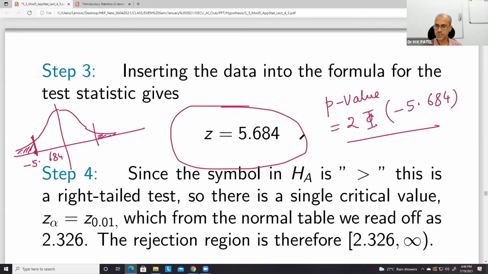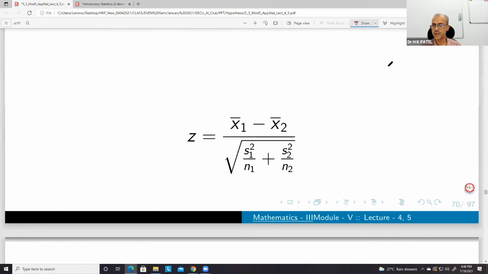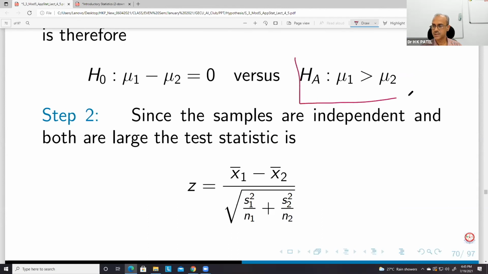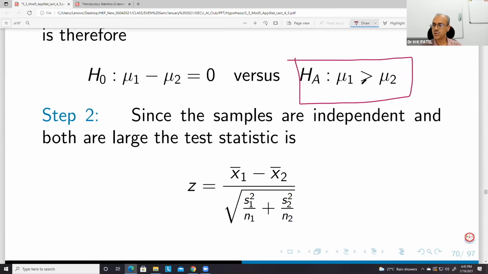But this is not the p-value approach, this is the critical value approach. So alpha is 1%, and therefore alpha is equal to 0.01. But let us see what our alternate hypothesis is: mu1 greater than mu2.